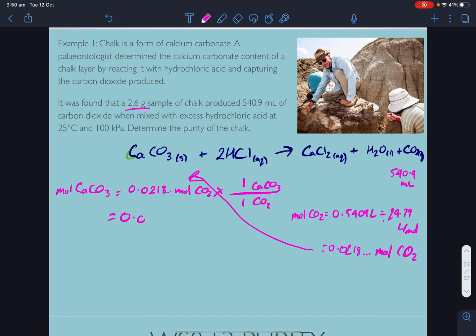So it equals 0.0218 mole of calcium carbonate. So the mass of calcium carbonate equals 0.0218, moles times the molar mass.